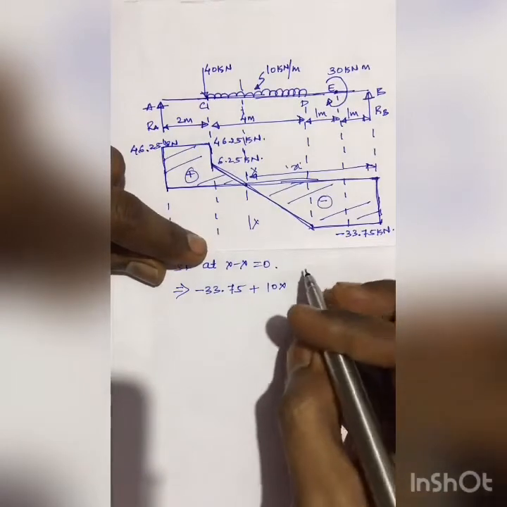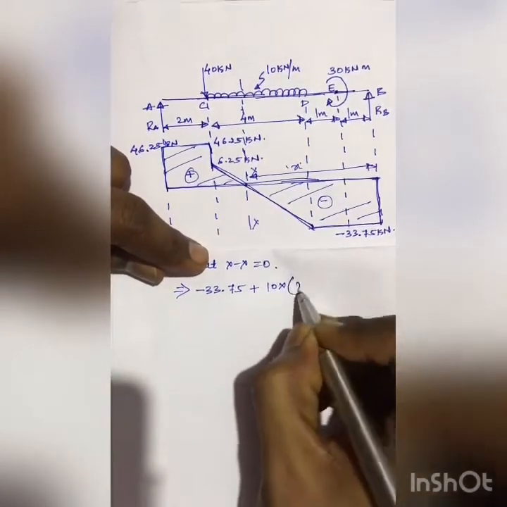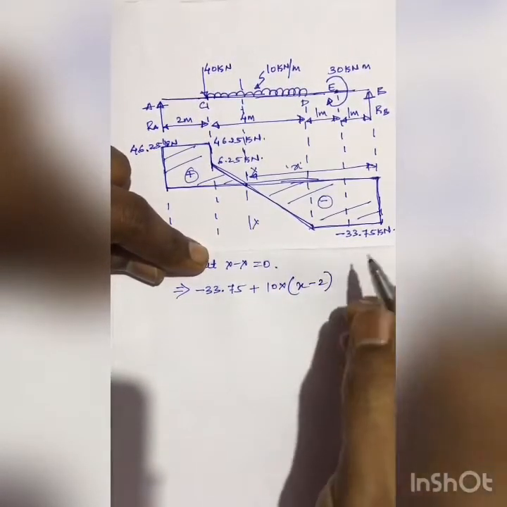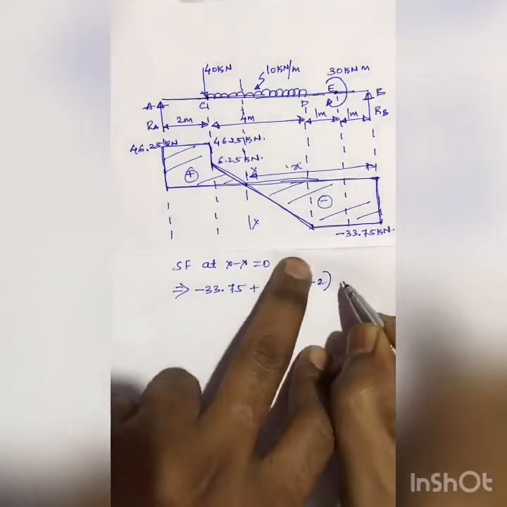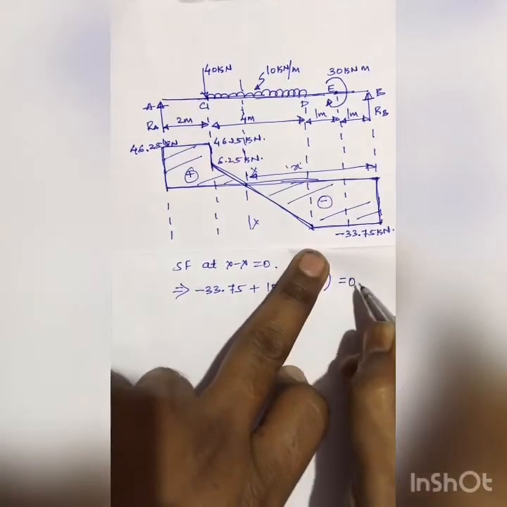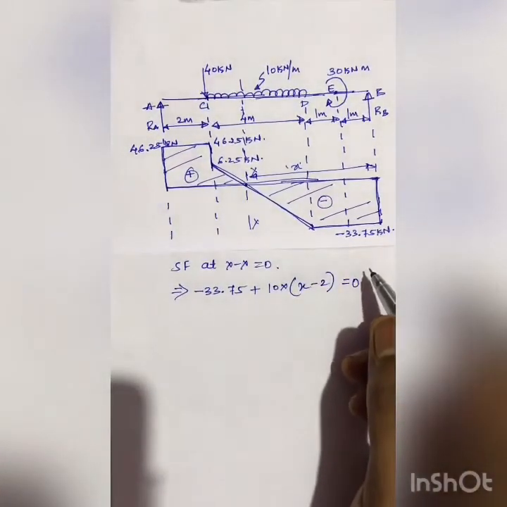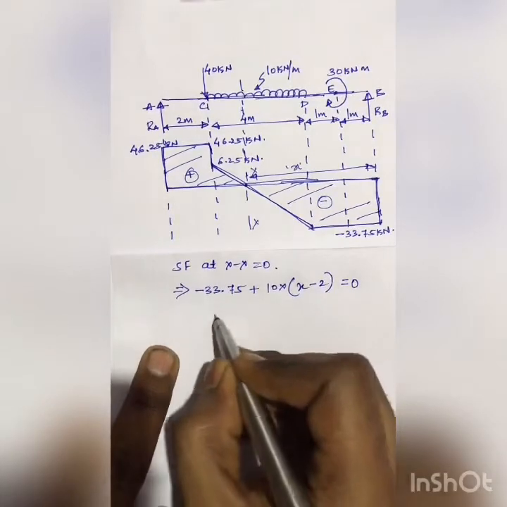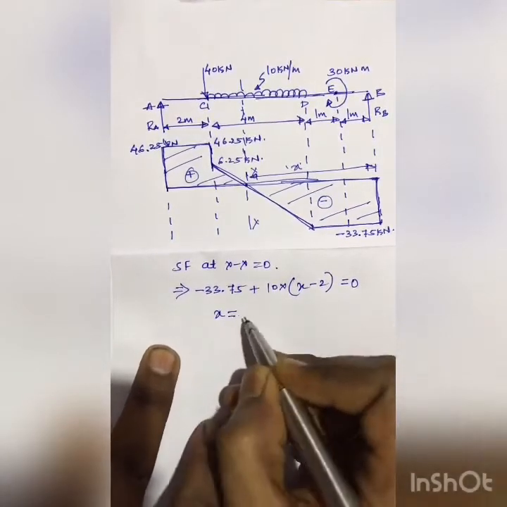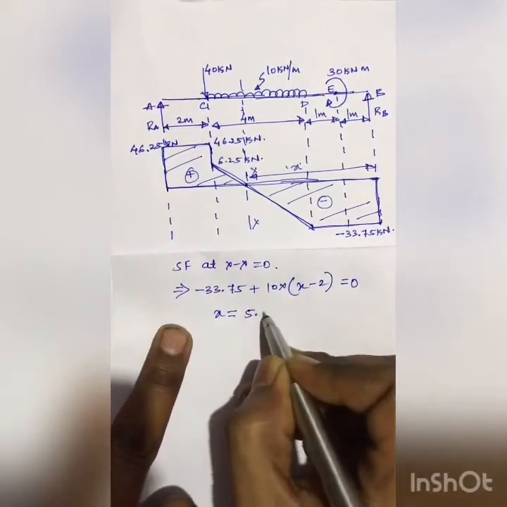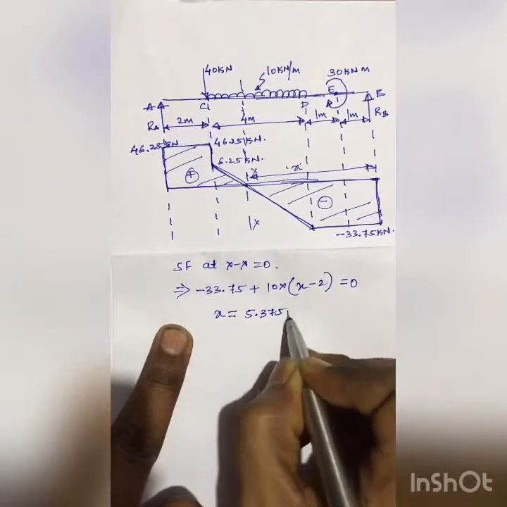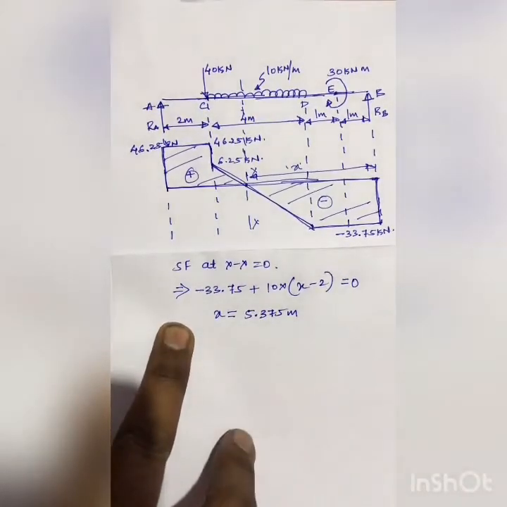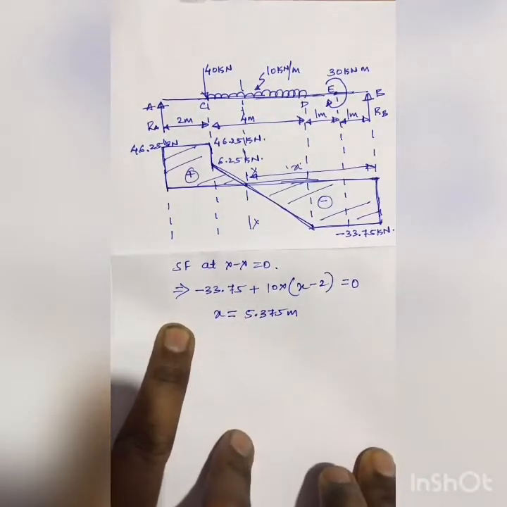So I'll write 10 into (x minus 2), and that we equate to 0. And once we solve this equation for x, I'll get the value of x as 5.375 meter.